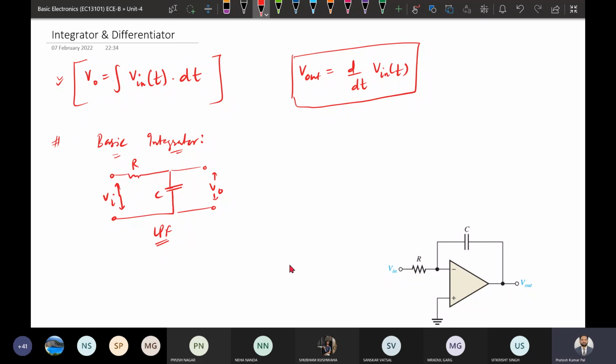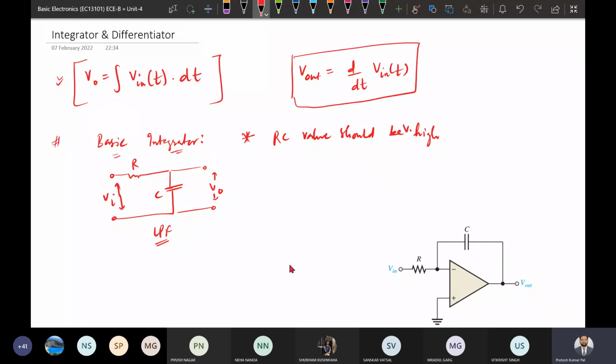The problem associated with integrator circuits in this case is that the RC value should be very high.